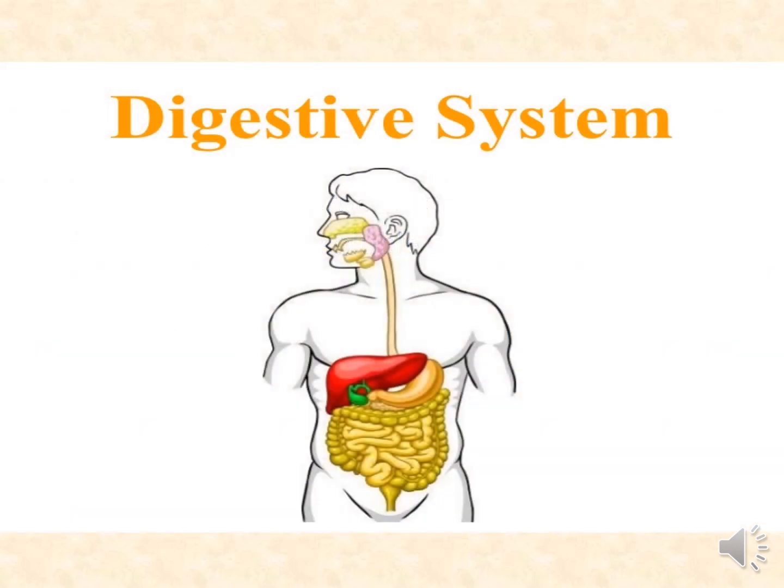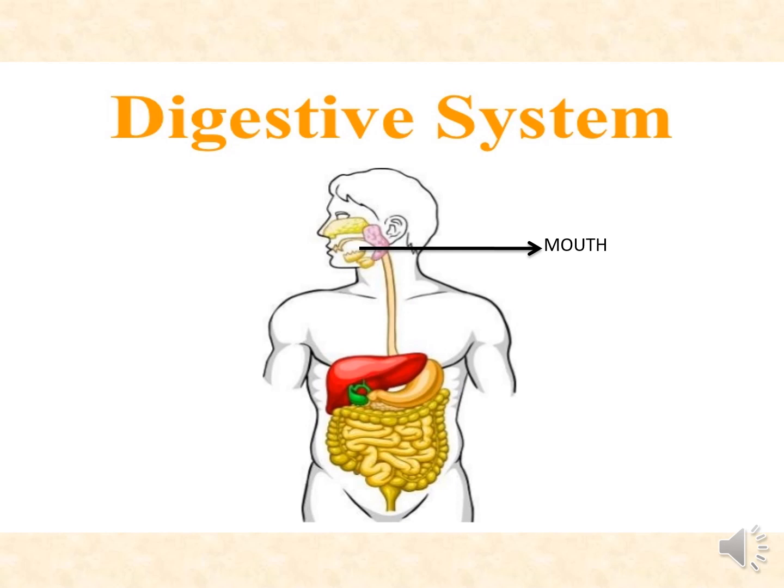So students, this is the diagram of the digestive system. It is present in our body and it looks like this. Now we need to understand the parts of the digestive system. So look carefully. First is the mouth. You all can see the mouth.